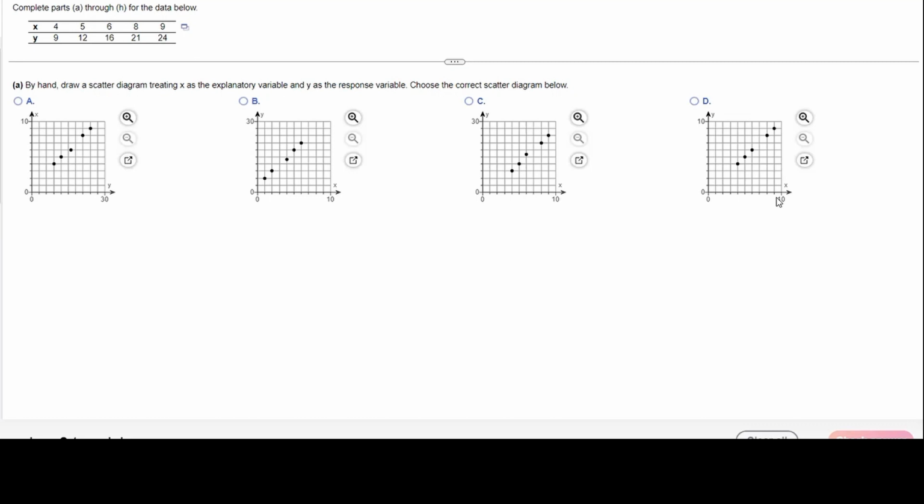So it is possible that in terms of looking at that first point and the x's, it looks like we have an x coordinate of 4 here and an x coordinate of 4 here as well. But we're supposed to have 4, 9. The y-axis is only going by 1s. On choice D, that would mean that point is 4, 4. Here we're going from 0 to 30 with 10 spaces, so the spacing has to be by 3s. It would make sense that we are looking at 4, 9 there.